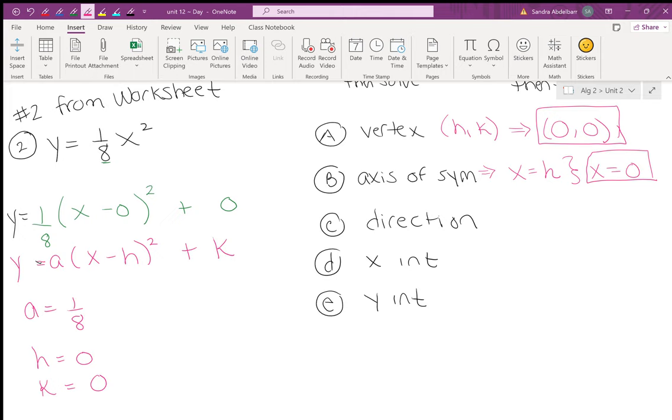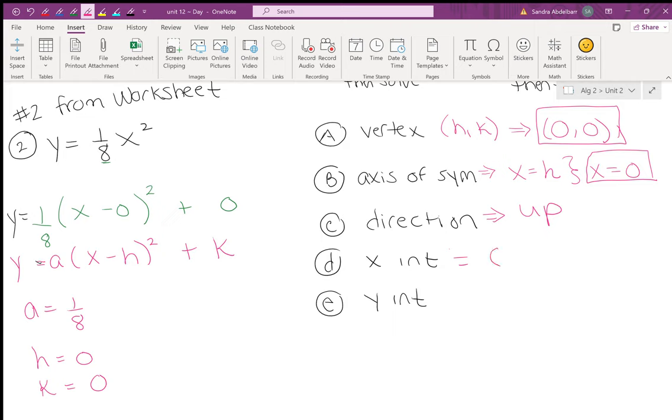Wait, why would it be x equals 0, not y equals 0? Oh, no, I see why. The x. Okay, direction. Are we opening up, down, left, or right? Up, because our a is positive, we are opening up. All right, now we go x-intercept. I don't need to do any work for this. If you can visualize this, you will know what it is. What is our x-intercept?